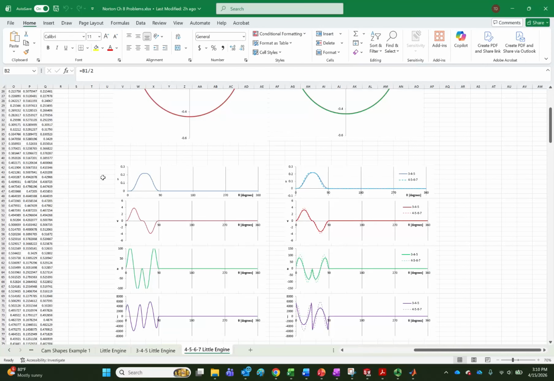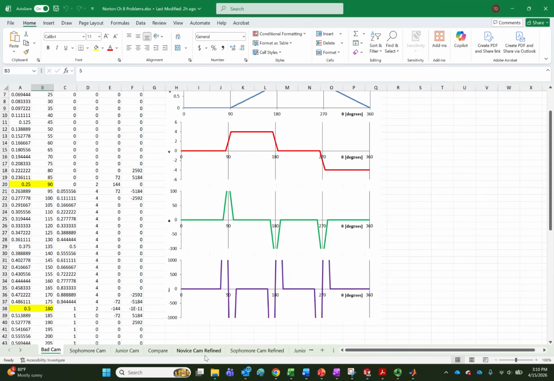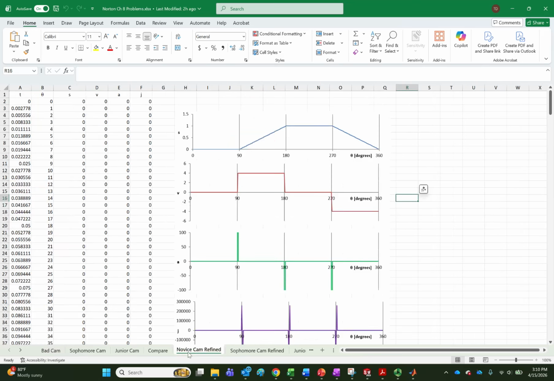I did it in 2 different increments of angles. This was the bad cam. I did it in 5-degree increments, and you could see what happened here. Now here's the refined one right here, and you could see I did it in 1-degree increments, and I get the same. I get what you predict, right?